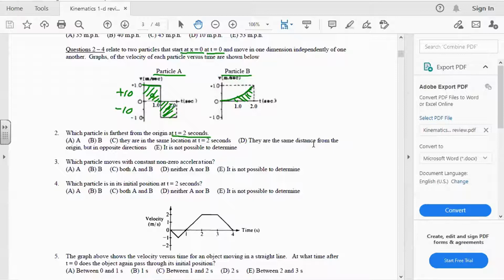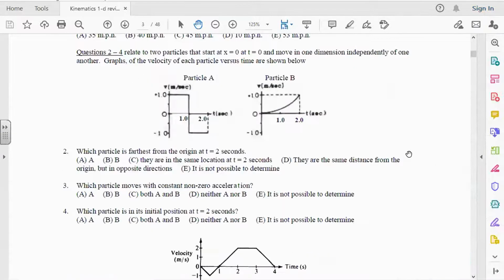All right, so we're going to look at using the same two graphs. Number 3, which particle moves with a constant non-zero acceleration? So moving with a constant non-zero acceleration means that on a velocity time graph, non-zero means that it has to have some sort of slope to it.